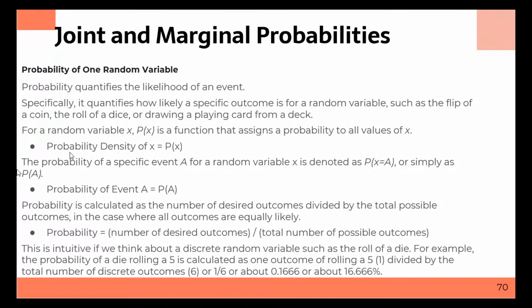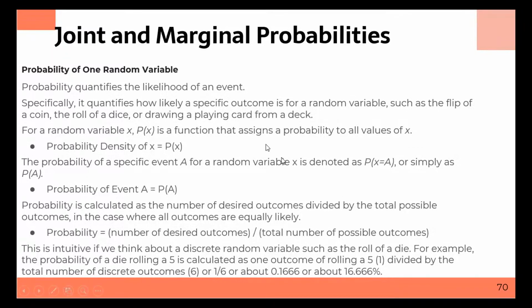Probability of one random variable. Let's study this. Random variable, I hope everybody knows. This is a random event that we have picked up that we need to look for. Probability quantifies the likelihood of an event, that means it represents in terms of a number the possibility of any event.